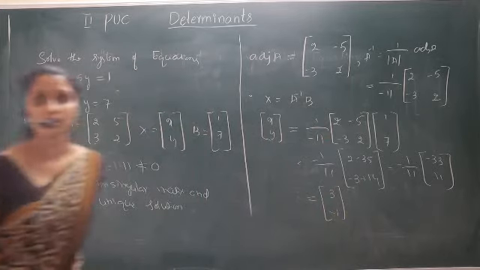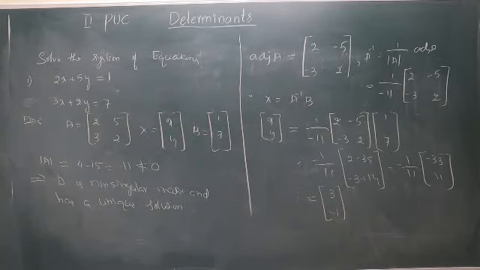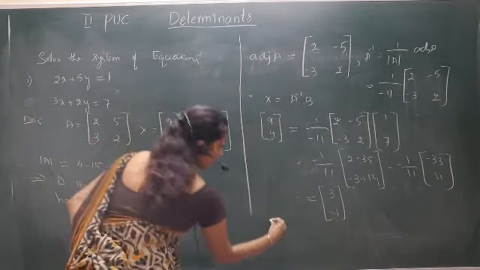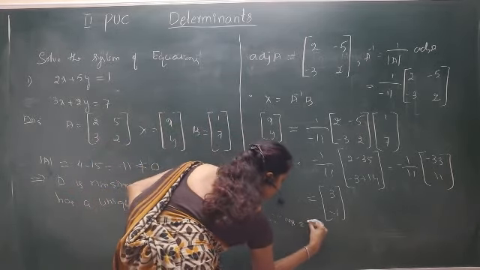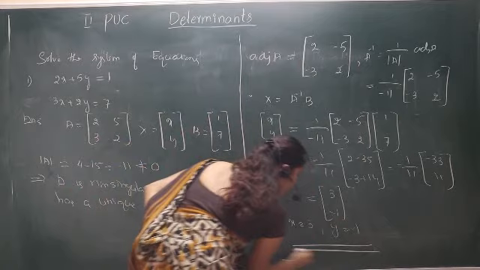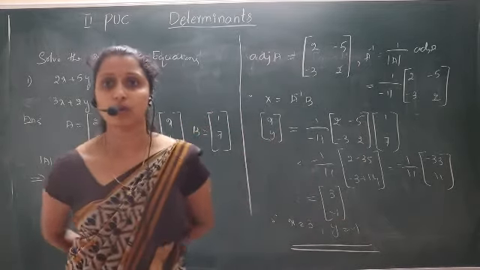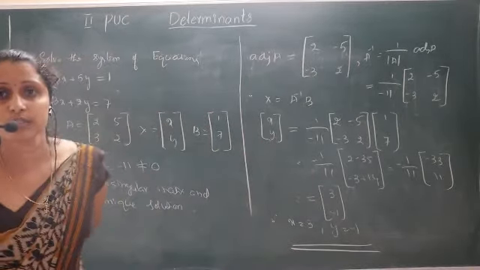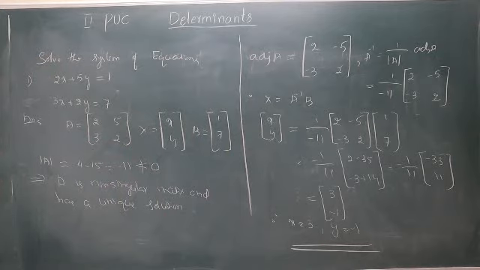That is the value of x and y. Therefore, x is equal to 3 and y is equal to minus 1. This is the solution of the system of equations.